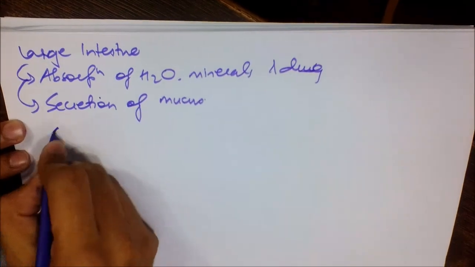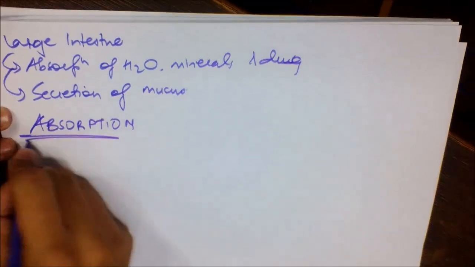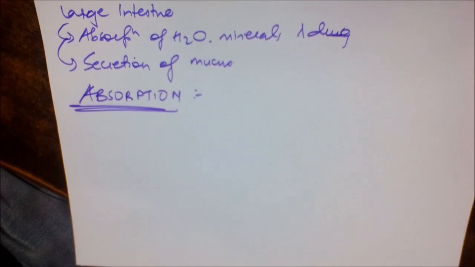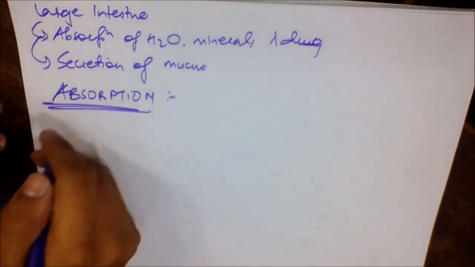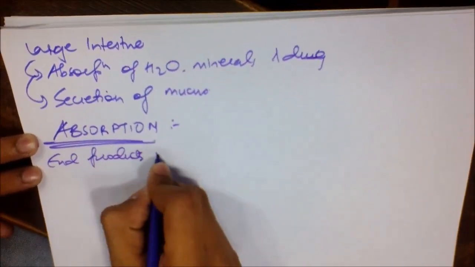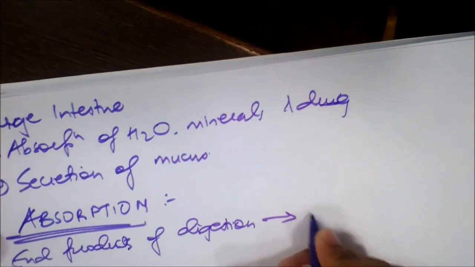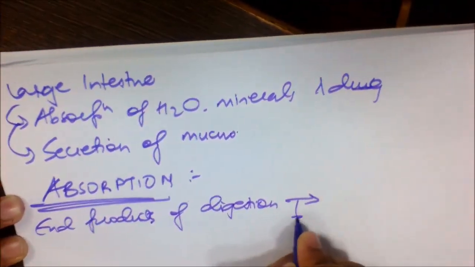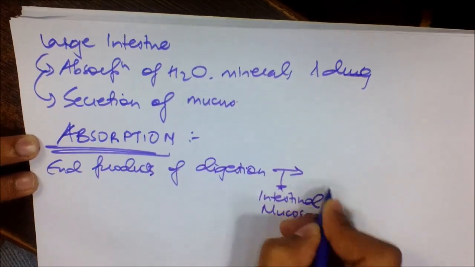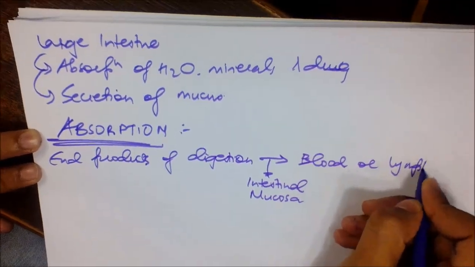Now we'll study the absorption of the digested products. Absorption is the process by which the end products of digestion pass through the intestinal mucosa into the blood or lymph.